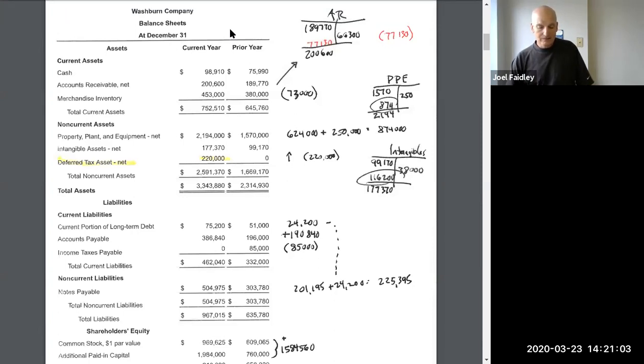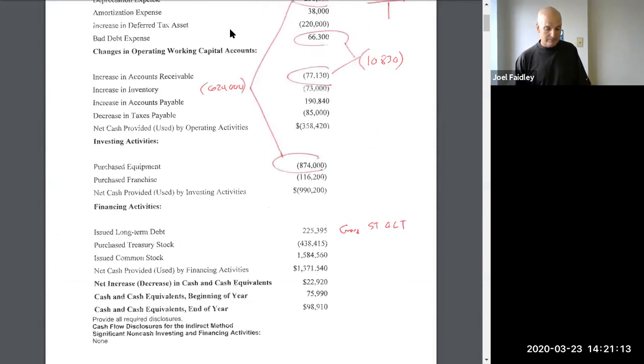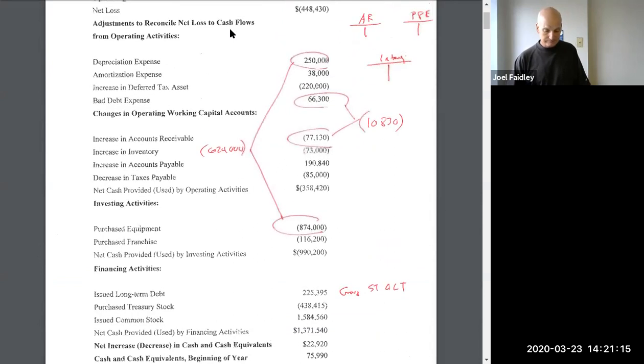And so now to get to 2194, I must have made purchases of 874,000, right? Yes. So that 874 has to be recorded on my books right there. And then when I net that against the 250 up here, there's the change in book value, 624.